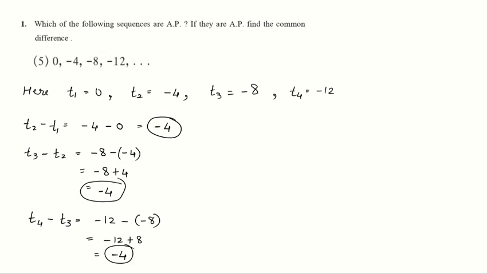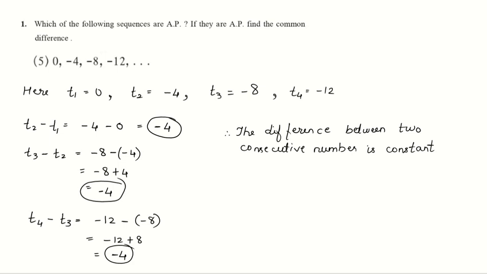Again we got minus 4. Therefore, the difference between two consecutive numbers is constant. Hence, the given sequence is an AP. What is the common difference here? It is minus 4.